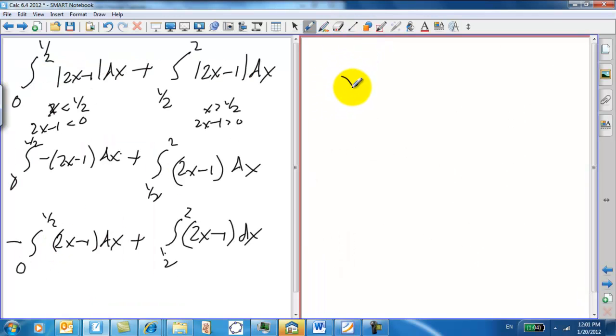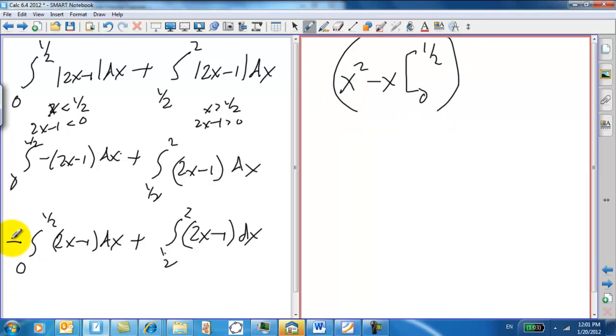So 2x becomes x squared, minus 1 becomes minus x, and we're going to evaluate that from 0 to 1/2. And don't forget, though, that we had this negative sign out here. Plus, the antiderivative of 2x is x squared minus x, and we're going to evaluate all that from 1/2 to 2. So put the top number in first.